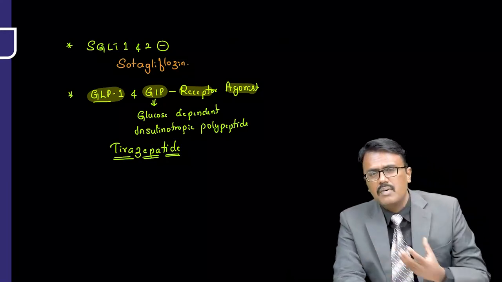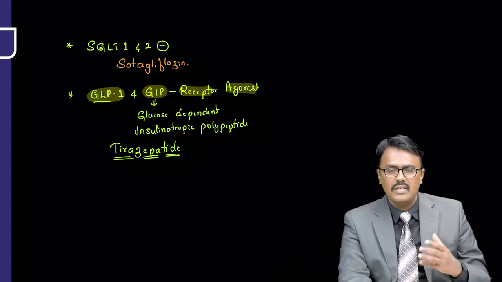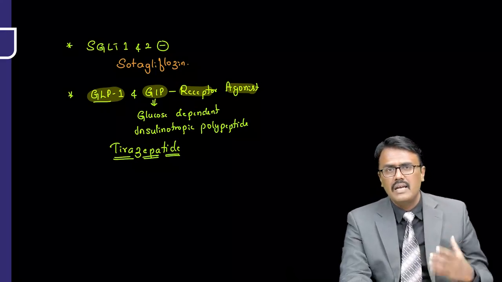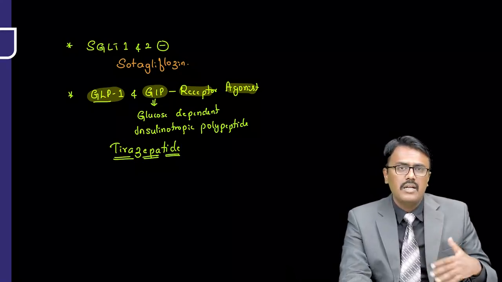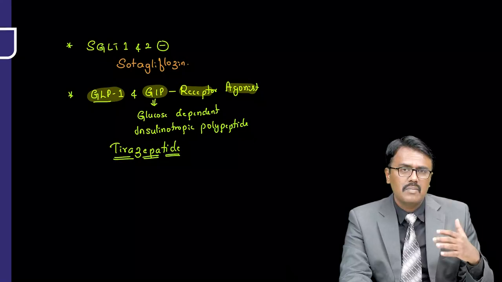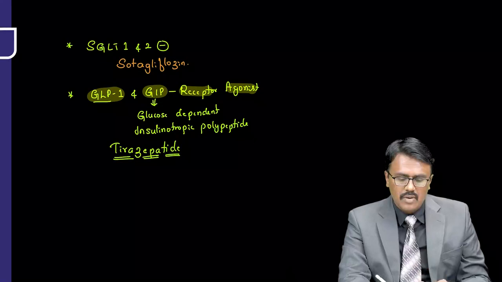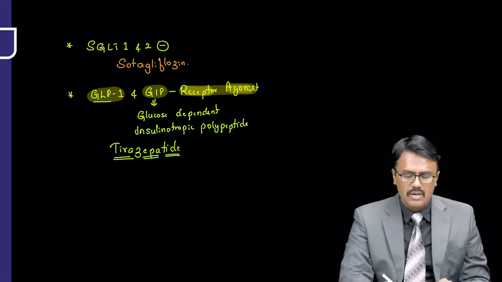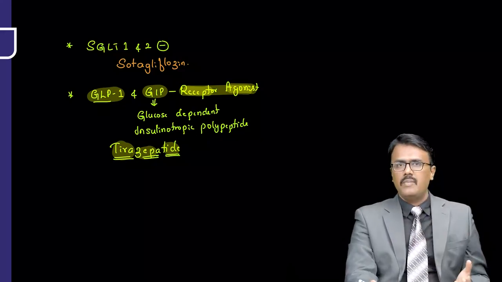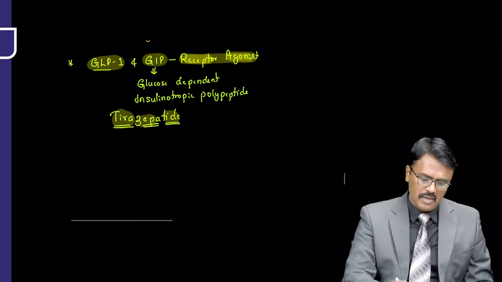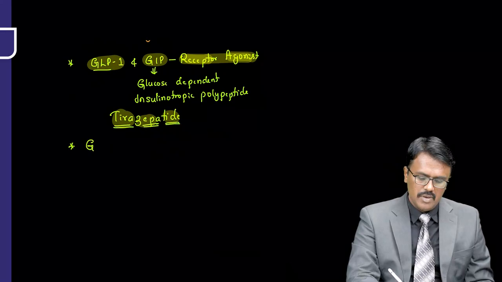So what is incretin? Whenever somebody takes a meal, these incretins are released from intestinal L cells and they increase the postprandial insulin. More than 65% of postprandial insulin is increased by these two. These drugs enhance that property, that is tirzepatide. We have already discussed GLP-1 receptor agonists. Again, they can ask you, what is the GLP-2 agonist?